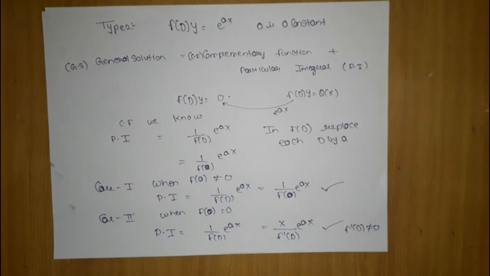If f of d or f of a comes out to be 0, you have to multiply on the top by x and take the derivative. And if f dash d comes out to be 0, then you again multiply on the top by x and take the second derivative, and keep on doing it until you get a constant number, which will be your particular integral. You will write your final answer as a combination of complementary function and particular integral. Now let's move on to the problems.